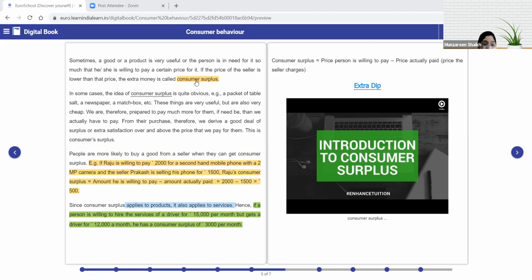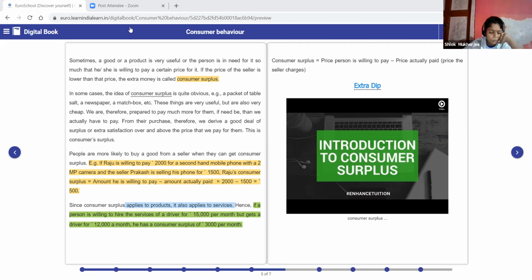Secondly, you can find out the area above the price and below the demand curve. Please underline this also. And the third way of calculating consumer surplus is using the formula for the area of a triangle. What is the formula for the area of a triangle?